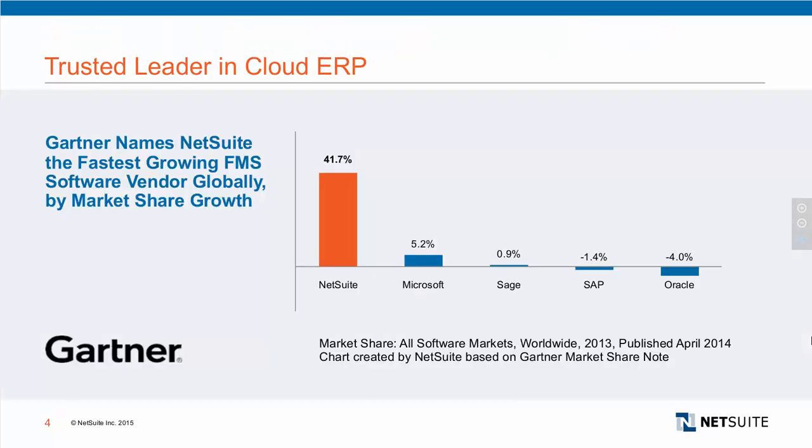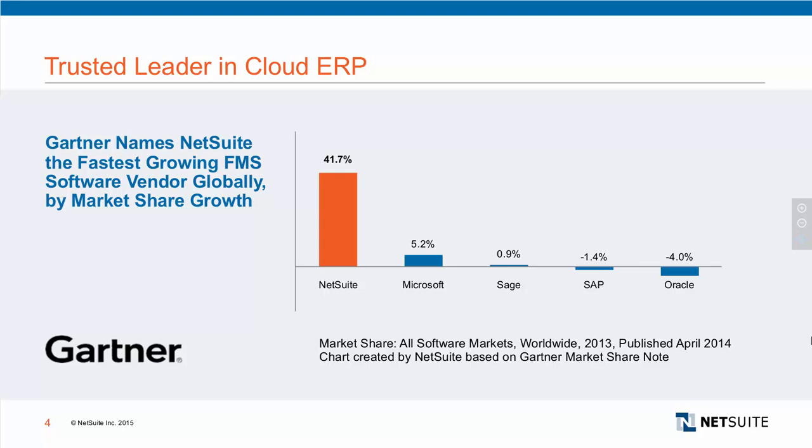When we talk about the top FMS, or financial management system leader, we're not just saying that from our own opinion. We're actually referencing a Gartner study on the growth of financial management systems in the industry globally. And when Gartner looked at the industry, they found that NetSuite was growing at approximately 41.7% as compared to a number of competitors you may have heard of, Microsoft, Sage, SAP, and Oracle.